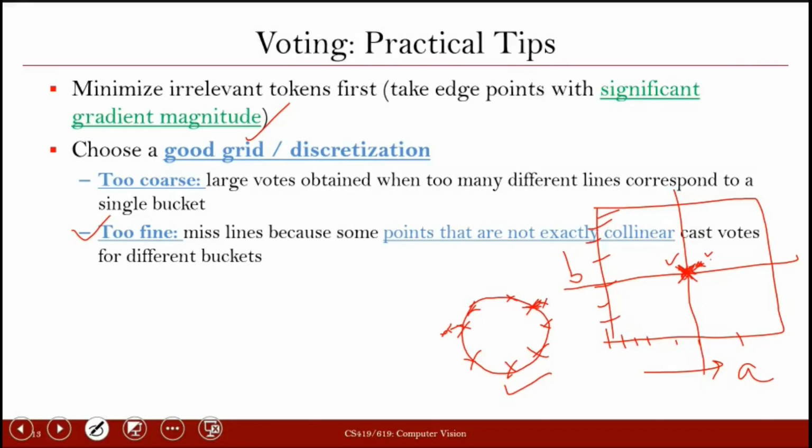But you know that they all belong to the same circle. So if your grid is very fine, then you will find that one circle will be declared based on this AB, and then another circle will be declared based on this AB.